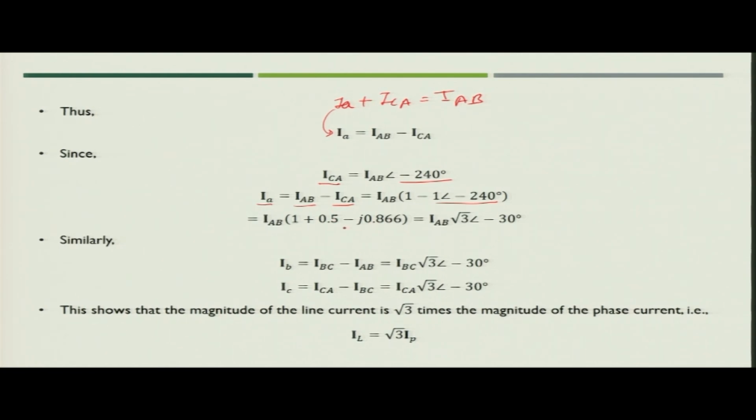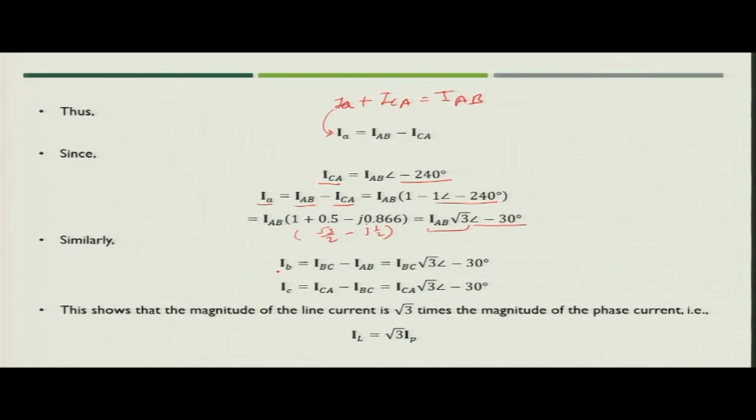So, if you take root 3 out from this expression, you will get IAB into root 3, and in the bracket what you will get? You will get root 3 by 2 minus j 1 by 2. So, what is this? This is nothing but angle minus 30 degree. So, you get IA, that is the line current, equal to IAB into root 3 angle minus 30 degree.